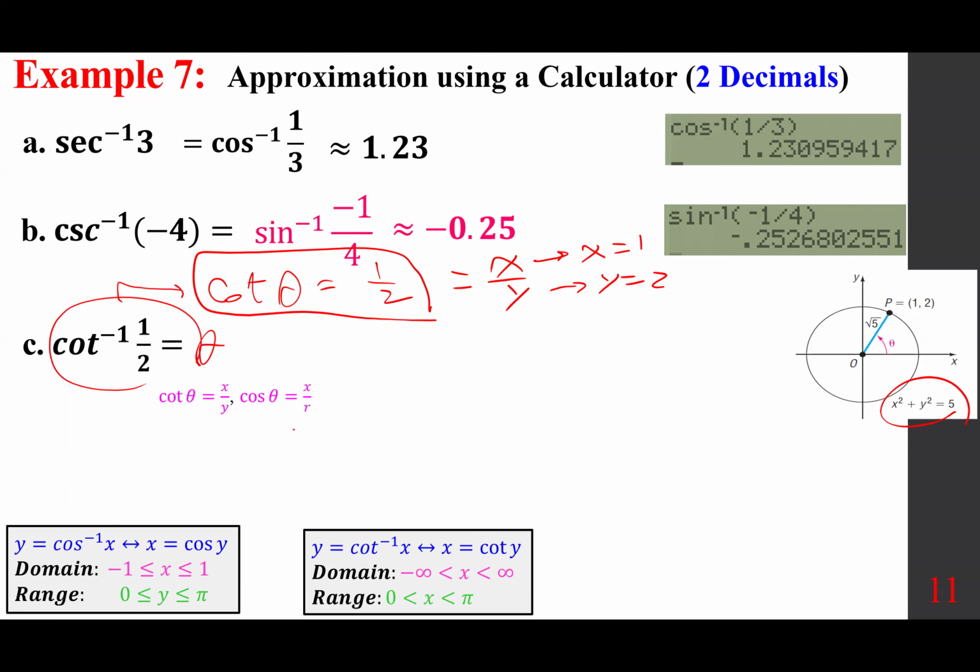And we know cosine is x over r, so 1 over square root of 5. So in order to get to cotangent inverse of 1/2, we can use cosine inverse of 1 over square root of 5. And you use a calculator, you want 2 decimals, 0 changes to 1, you get 1.11. Now, it's important to understand.